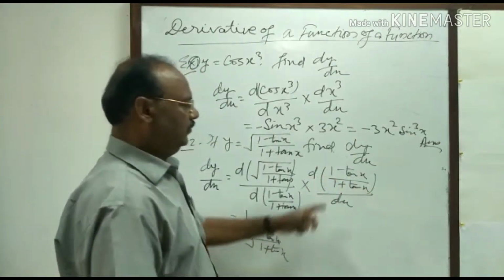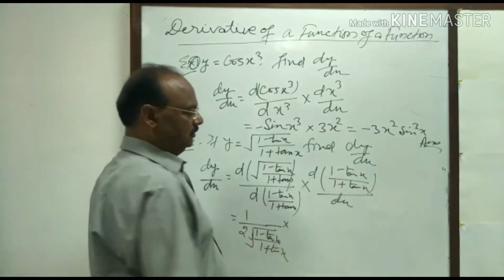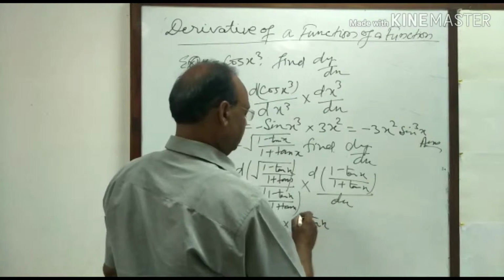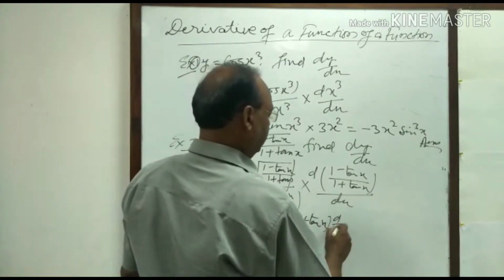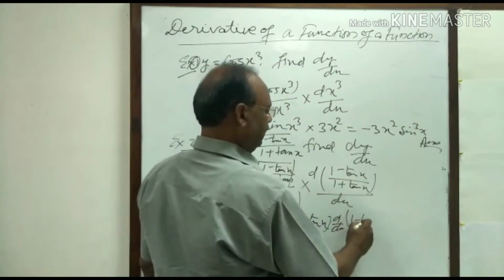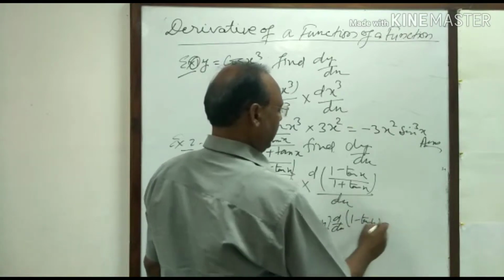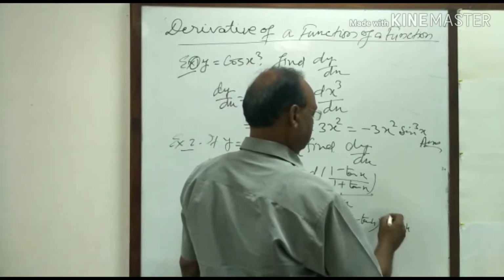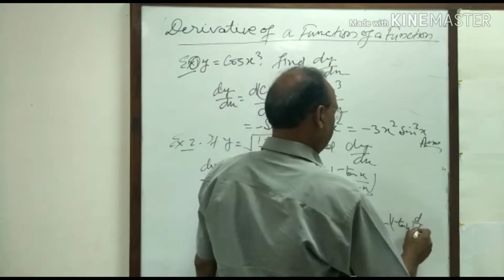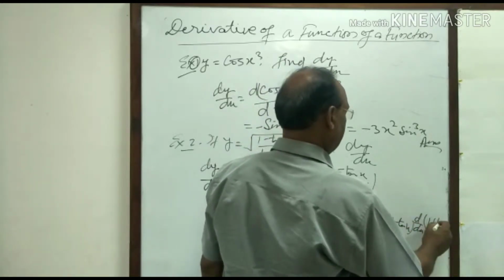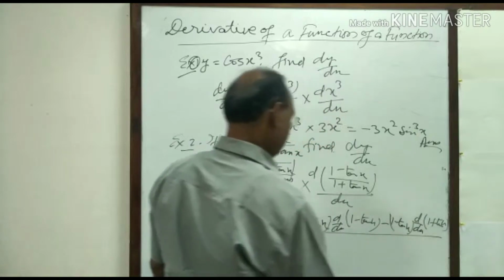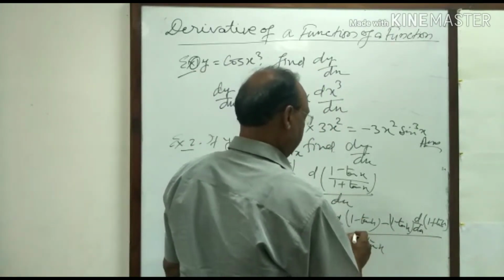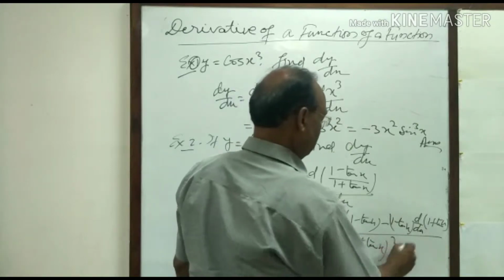So we'll get here denominator (1 plus tan x) into derivative of numerator (1 minus tan x) minus numerator (1 minus tan x) into derivative of denominator (1 plus tan x) upon denominator whole square, (1 plus tan x) whole square.